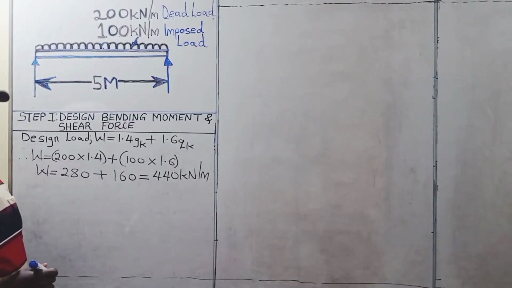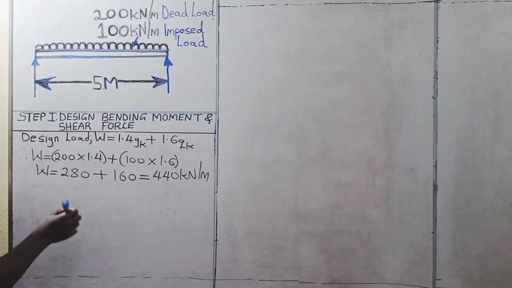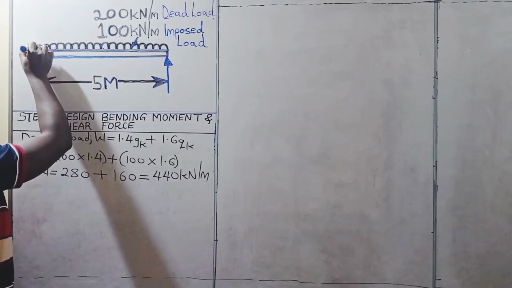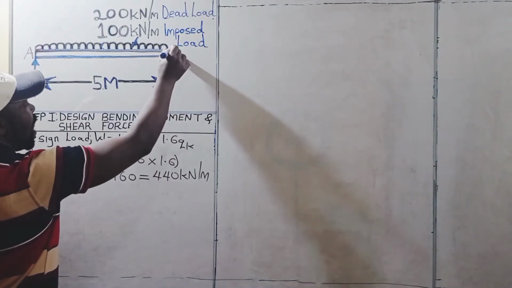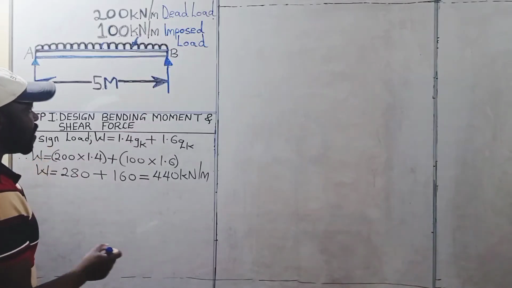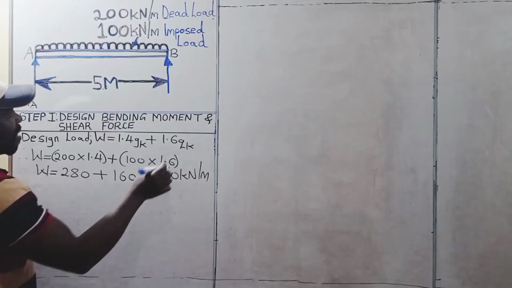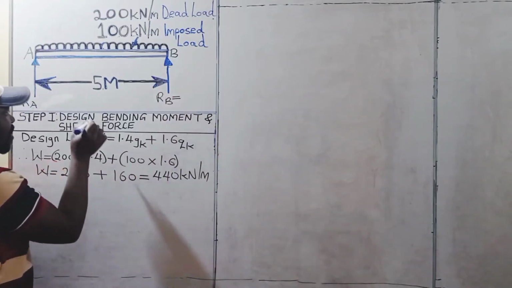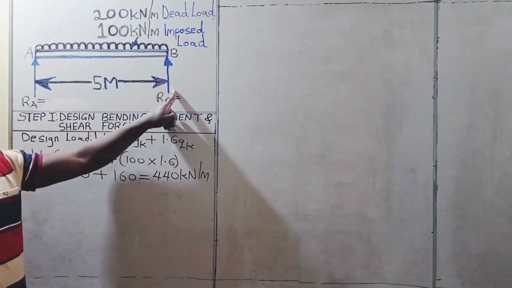After getting the value of the design load, we are going to calculate the shear force. And in this case, if we refer this side, the left hand side as A and the right hand side as B, the reaction at A will be equal to the reaction at B, since this beam is symmetrically loaded.